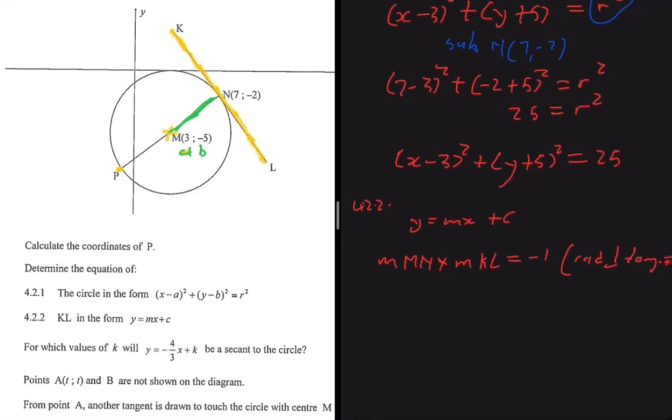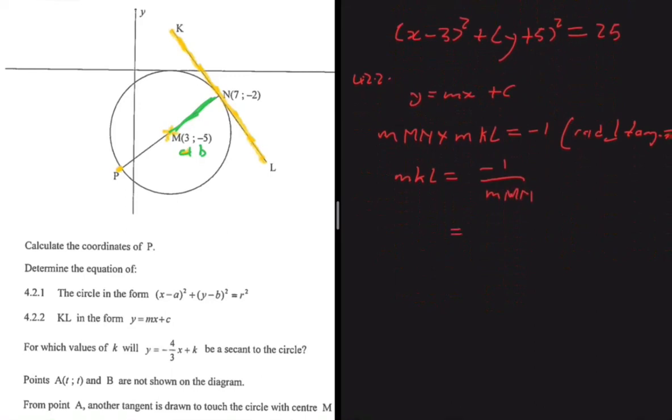So if we make the gradient of KL the subject of the formula here, we're gonna get minus 1 divided by the gradient of MN, right? So the gradient of KL will be equal to minus 1 divided by (y2 minus y1) divided by (x2 minus x1), right?